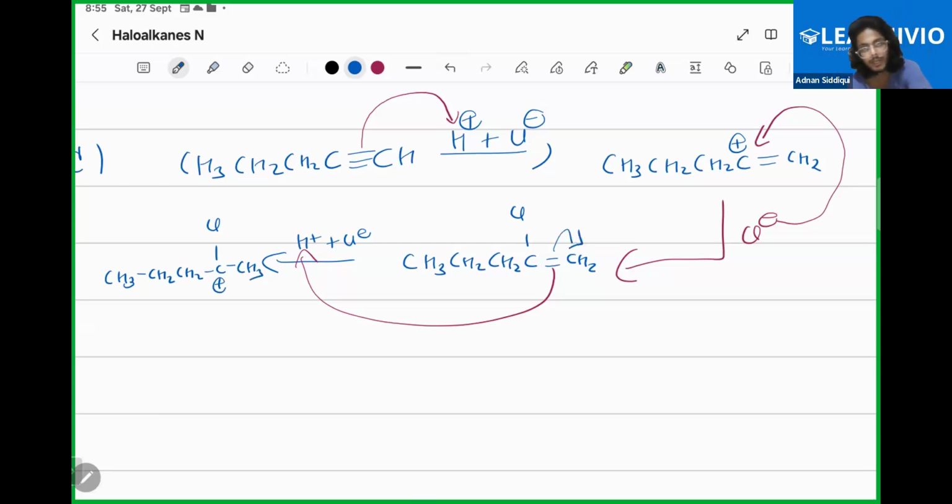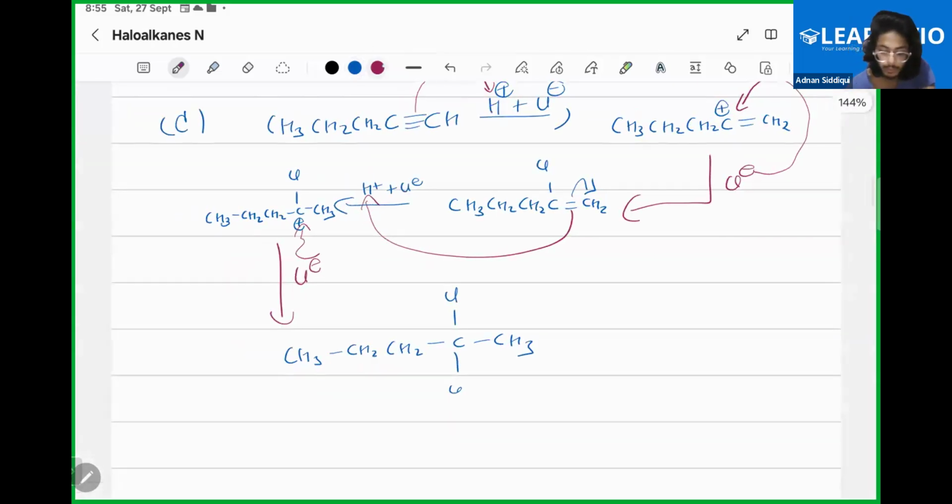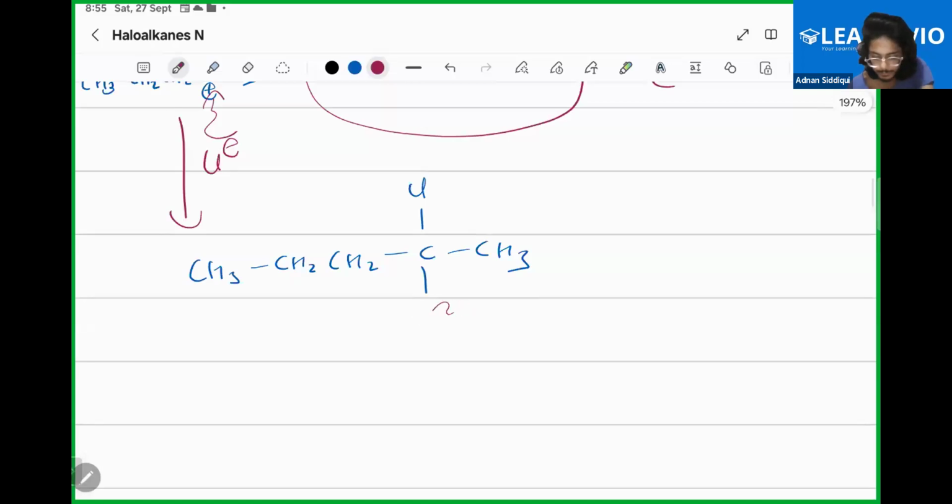The pi bond will shift to the right carbon, consecutively the positive charge on the left one, and it will pick the proton from this carbon, and it will convert from CH2 to CH3. Now, in my reaction again, I have what? One equivalent of chlorine left, and I will get my product. Is it my desired product or not? Can you name this compound?